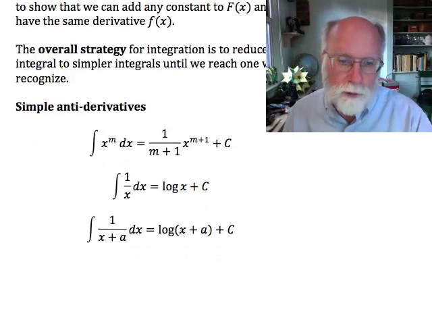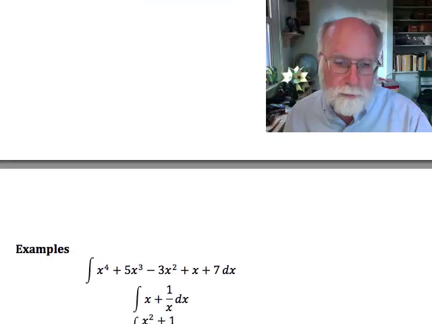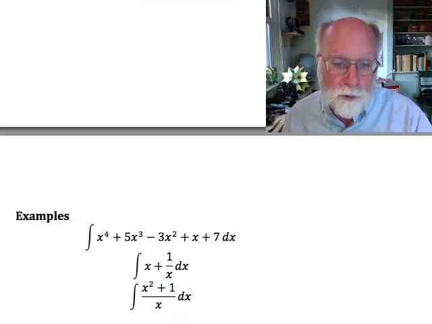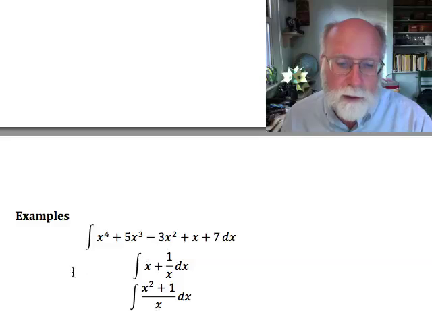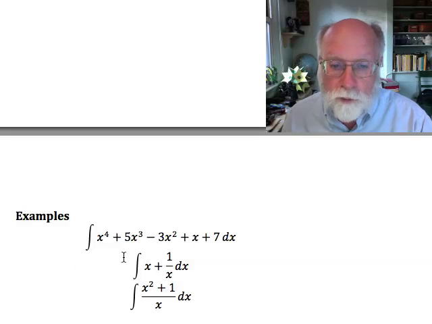Okay, let's do a few concrete examples. I'm going to do these 3 examples. The integral of x to the 4th plus 5x cubed minus 3x squared plus x plus 7 dx. We'll integrate x plus 1 over x dx, and we'll integrate x squared plus 1 over x dx.